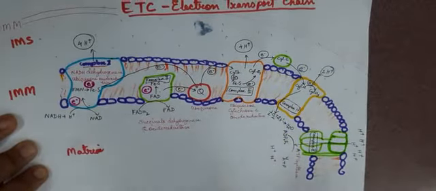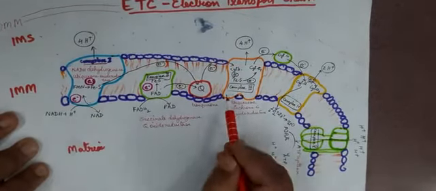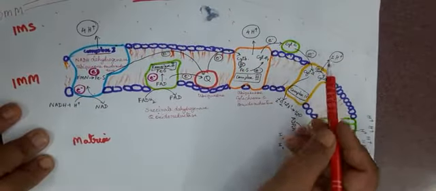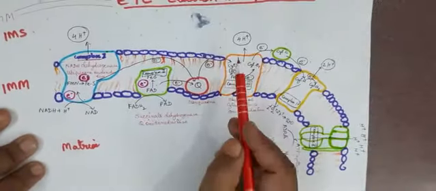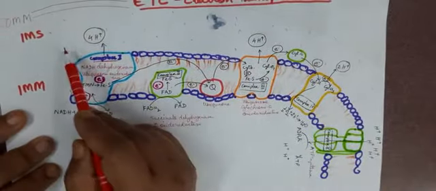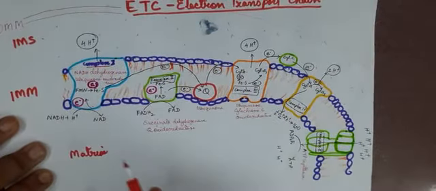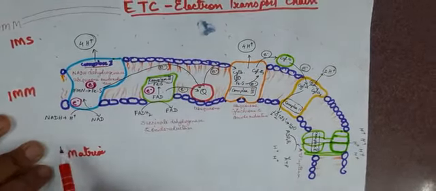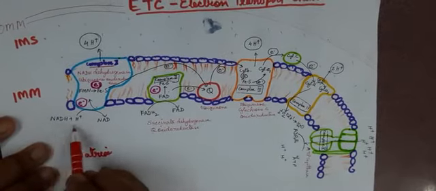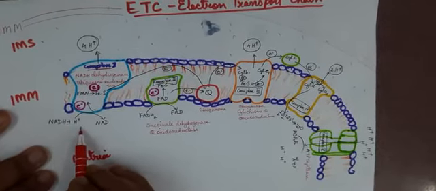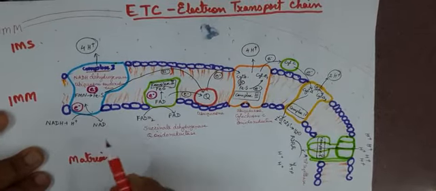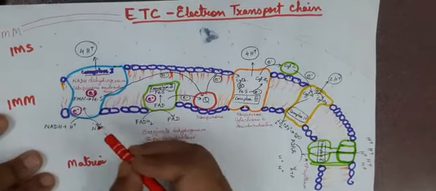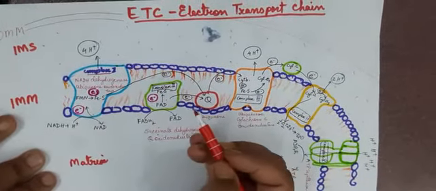Now complex 1, complex 3 and complex 4 release the hydrogen ions into the inner mitochondrial space from the matrix. So what happens? The NADH, which is the hydrogen ion carrier, gets oxidized in the presence of the enzyme NADH dehydrogenase and releases the electrons.